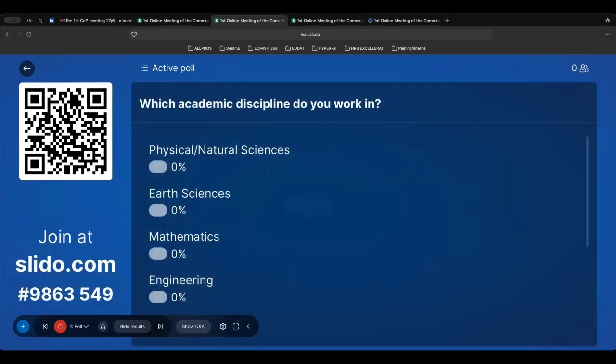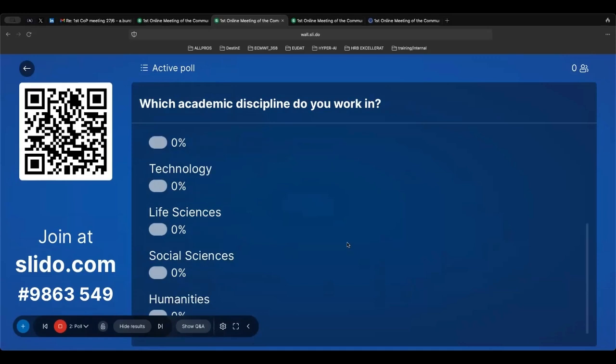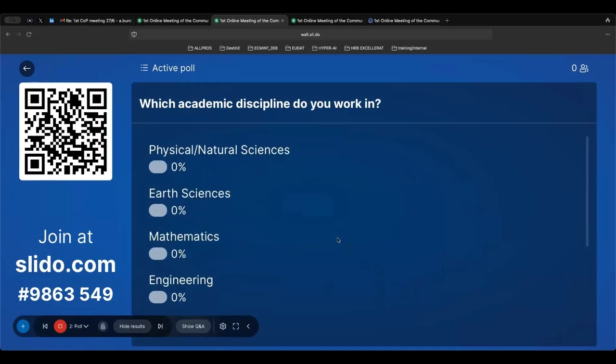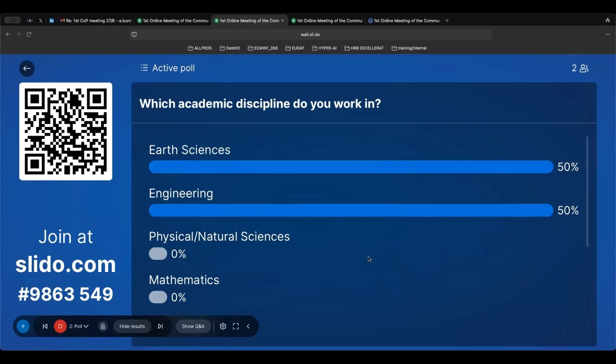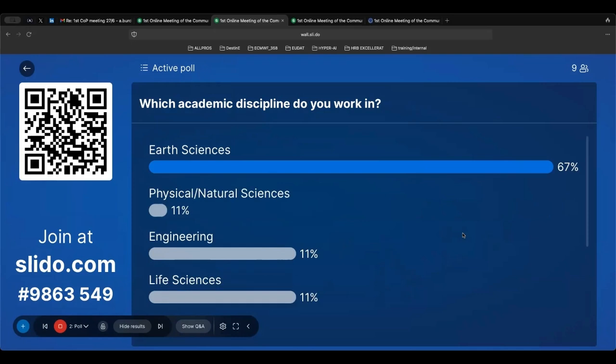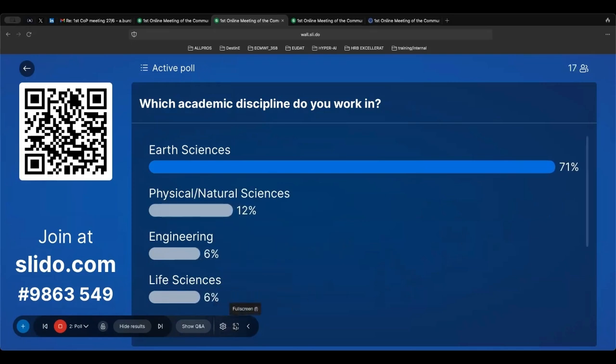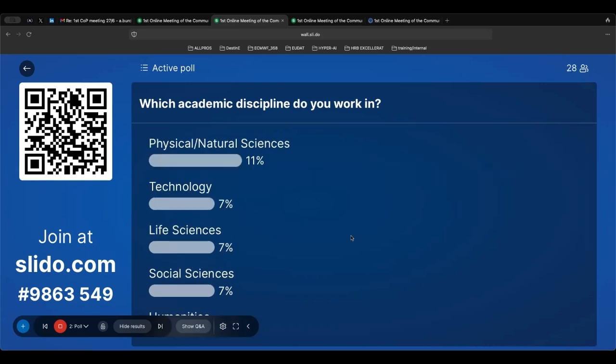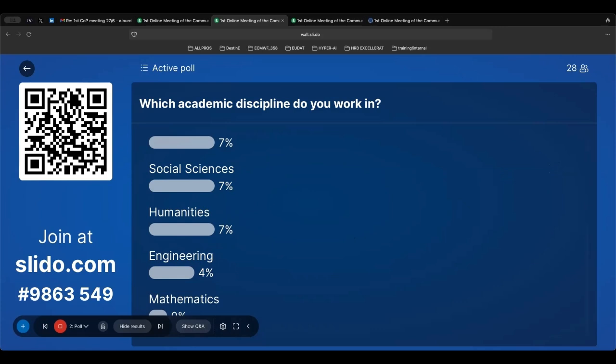Which has to do with your background, your discipline, a very high-level categorization. Sciences, of course, will probably get the biggest percentage. But it's true that in general, everybody is trying to see how all this can be used for other domains that do not come first to your mind.